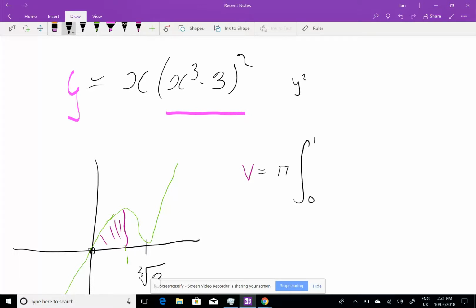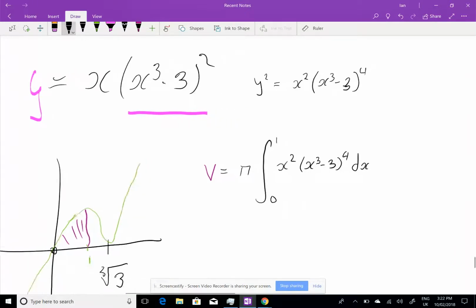So y squared equals x squared, x cubed minus 3 to the 4. If I square all that because of multiplied terms, I'll just square each term. Whew. So we've got x squared, x cubed minus 3 to the 4 dx. Goodness me.